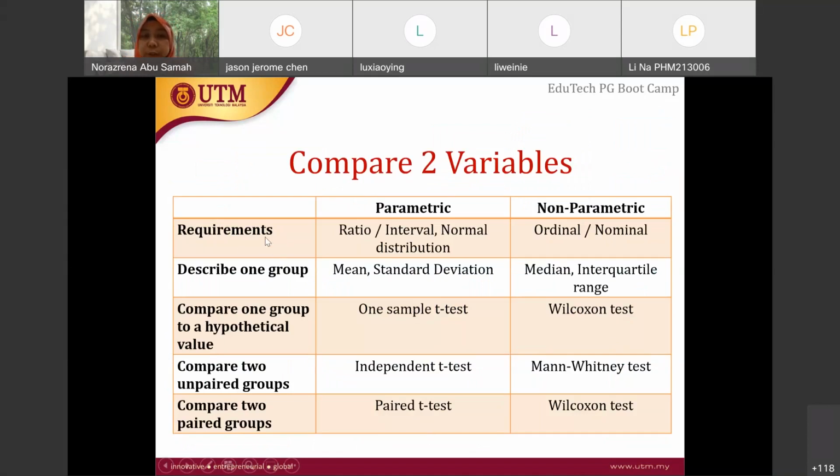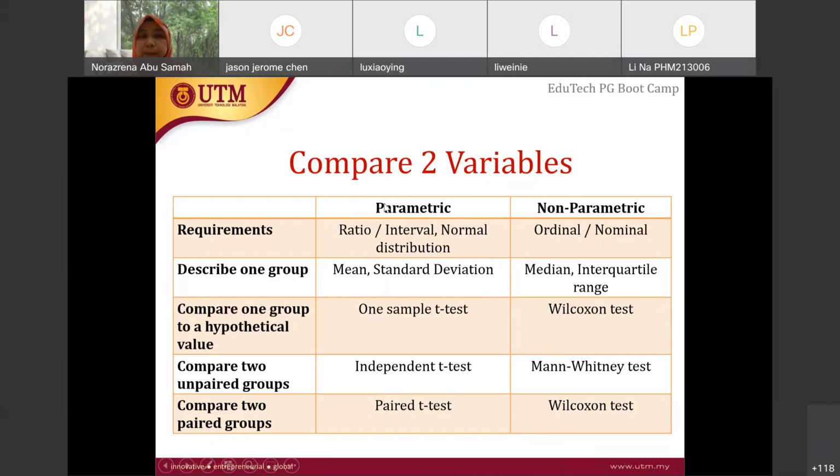The requirement: if the data is ratio or interval, then you can run the parametric test. However, you must check the normality of the data first, so you have to run the normality test. If the data is ratio or interval and normal, then you can run the parametric test.